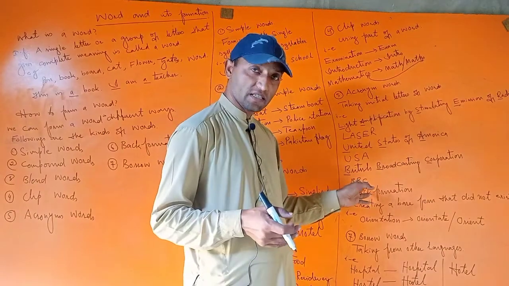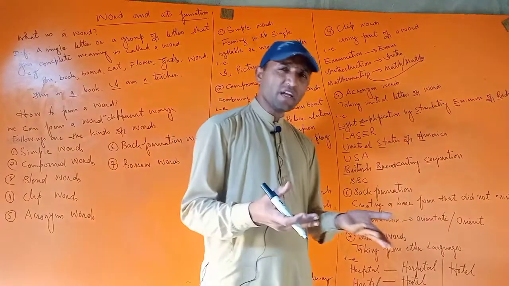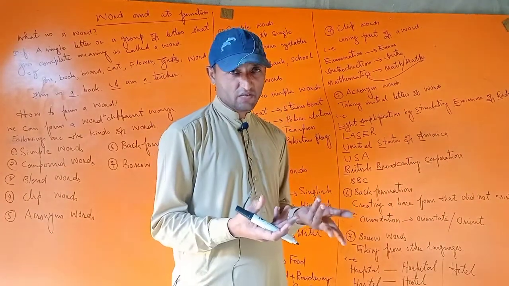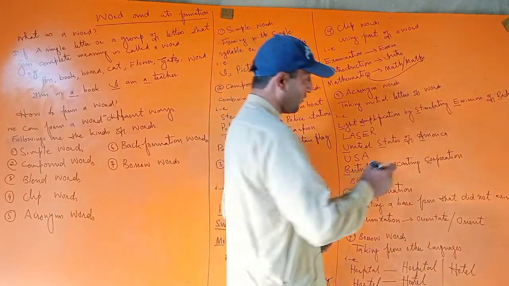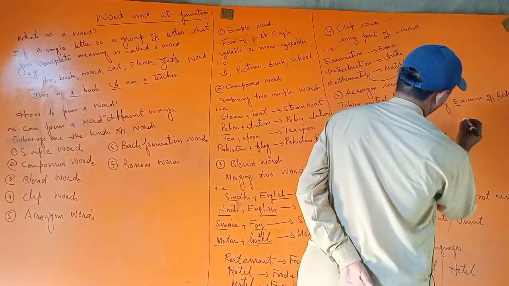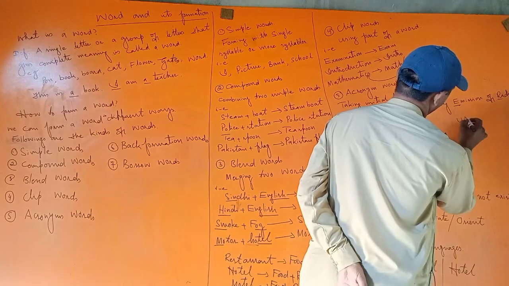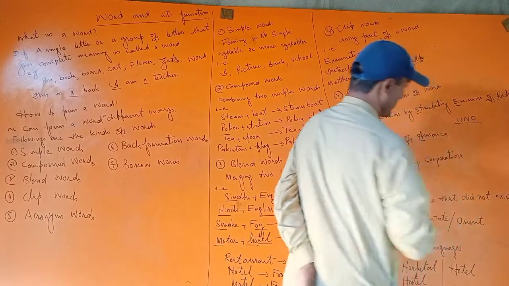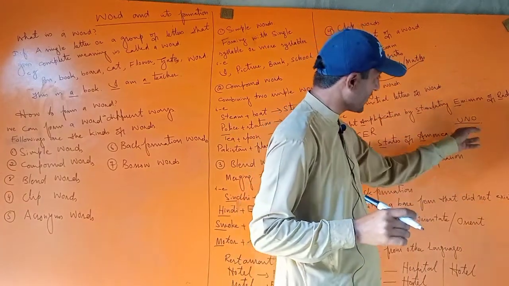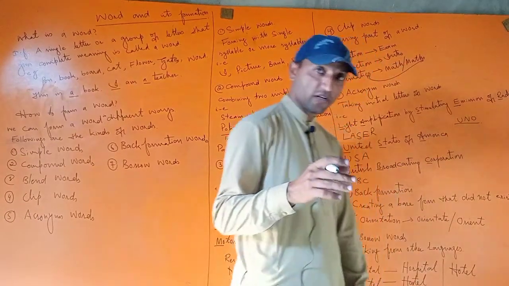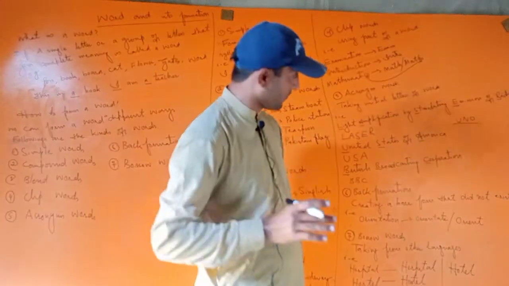We can form so many words in this way. Suppose I have the word UNO. This is a word, but its full form is United Nations Organization.